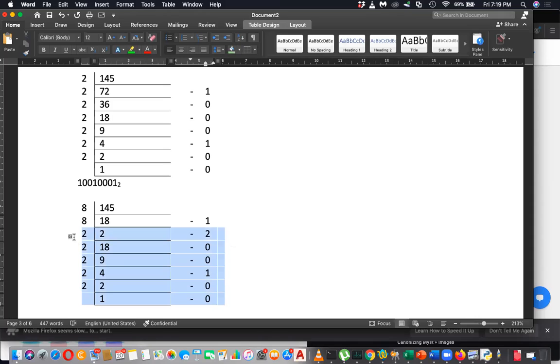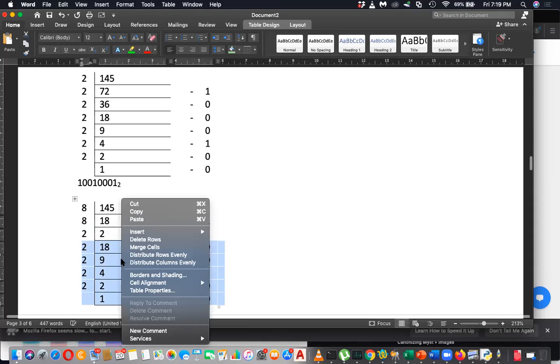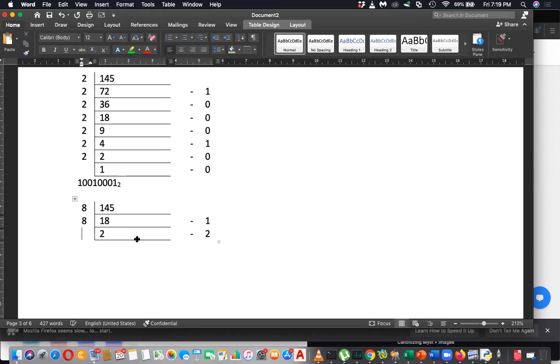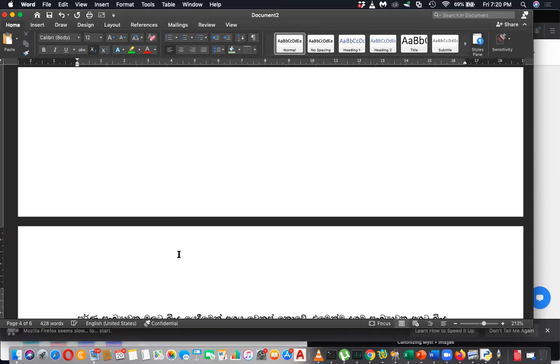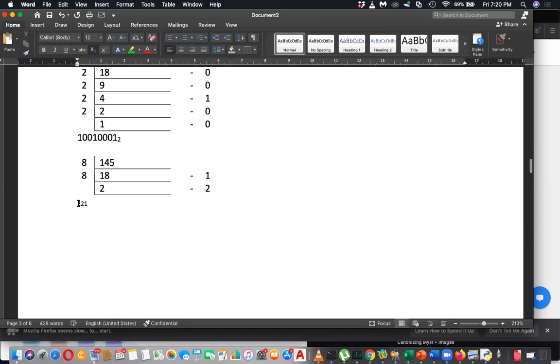Okay, the answer is: 145 divided by 8 is 18, remainder 1. 18 divided by 8 is 2, remainder 2. So the answer is 2, 2, 1 in octal.